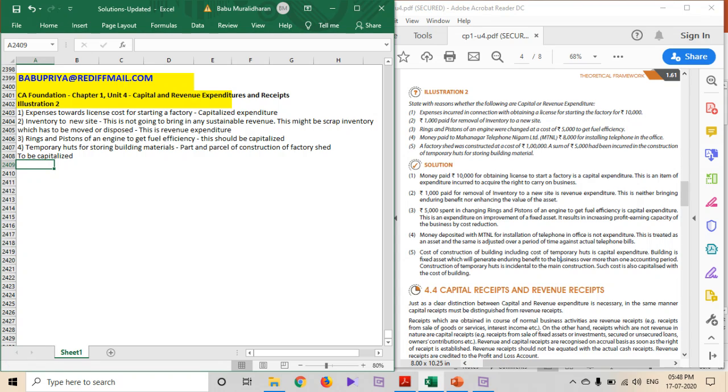Now let's get into what is a capital receipt and a revenue receipt.